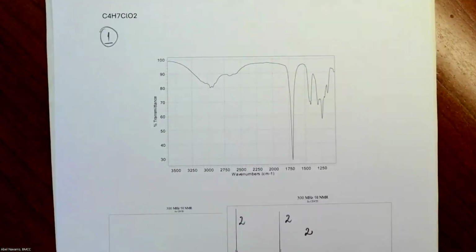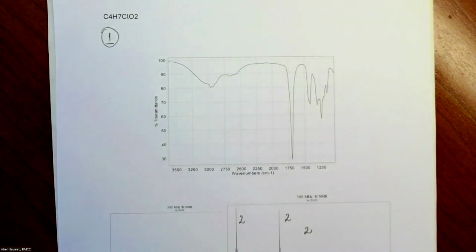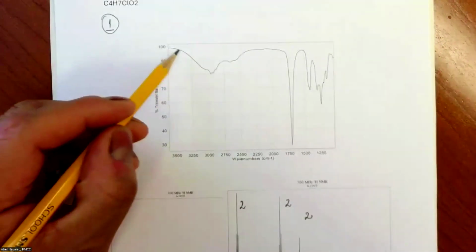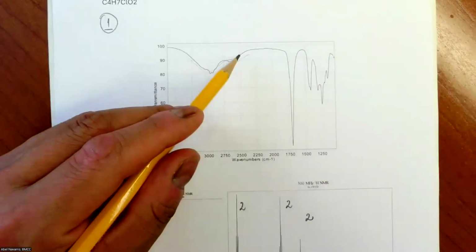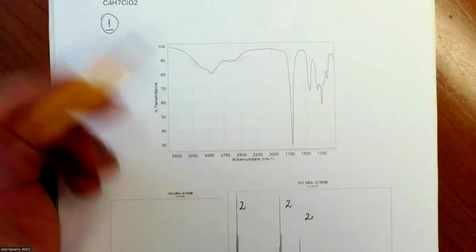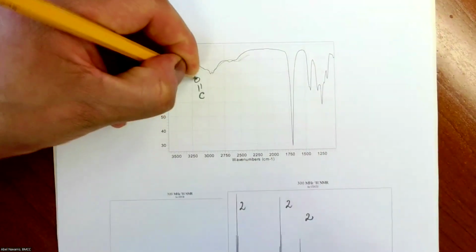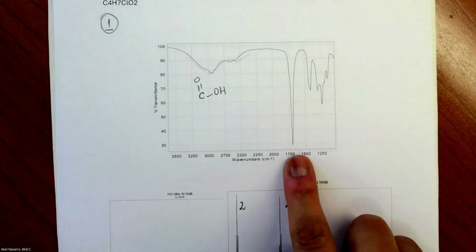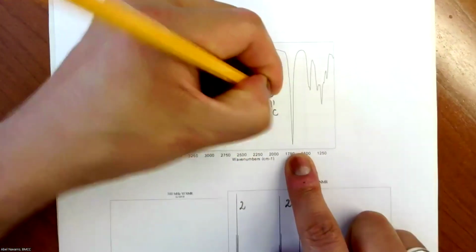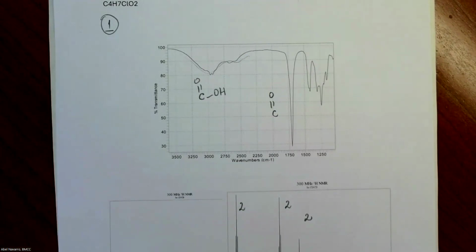Okay. Oh, I see something very interesting. You guys remember this distorted peak that goes from 3200 to 2500? That's a carboxylic acid. Yes, carboxyl, OH, and that's the COO. You should see both of them.